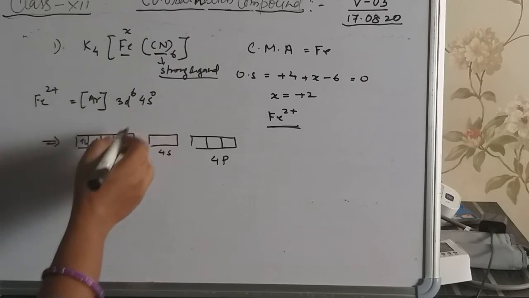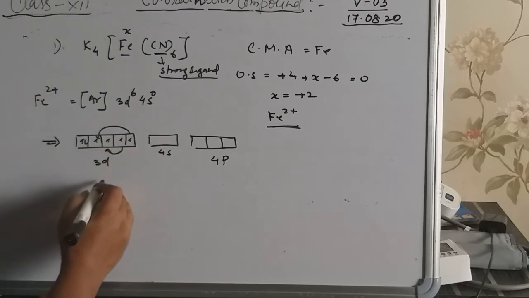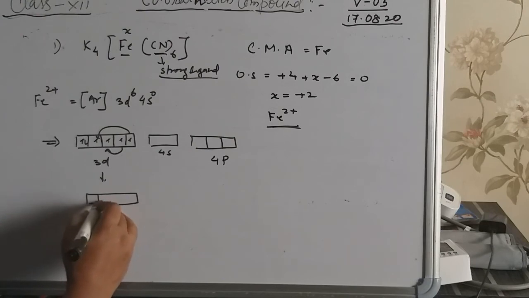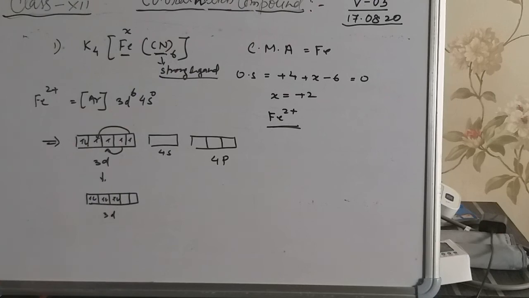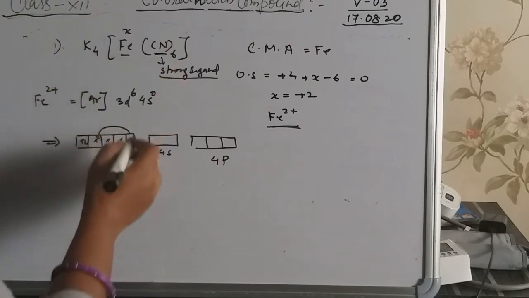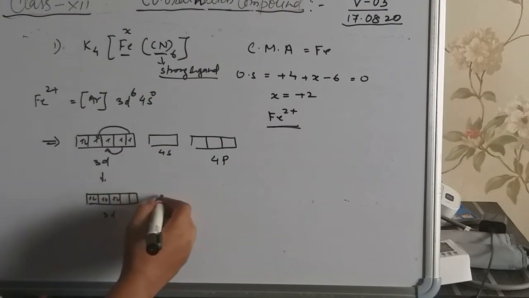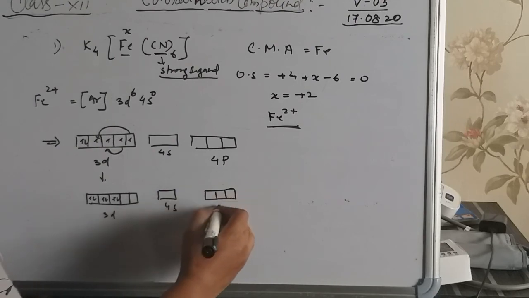So it pairs the unpaired electrons, so it comes here and it comes here. So it becomes 2, 2 and 2, 6. 2 empty orbitals are available due to this particular ligand, because this ligand is a strong ligand and has the tendency to pair the unpaired electrons, and 4s and 4p.